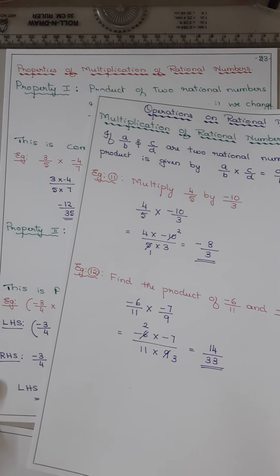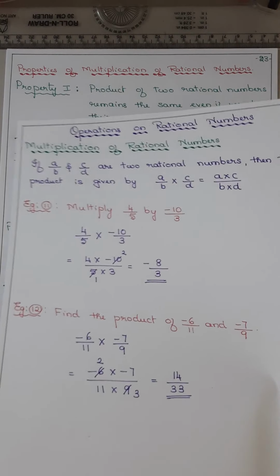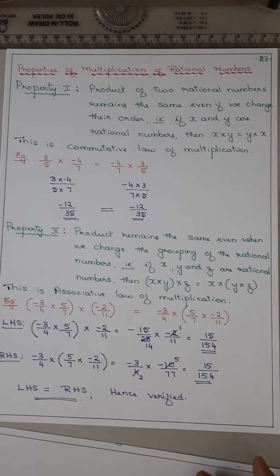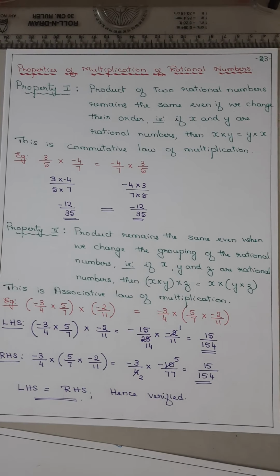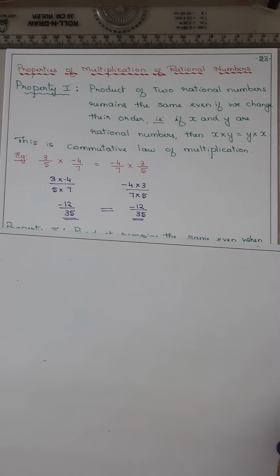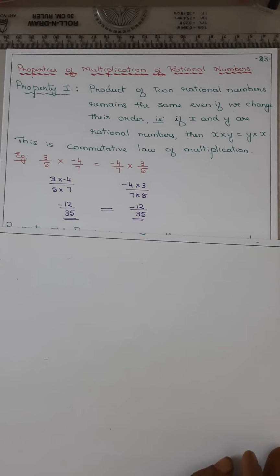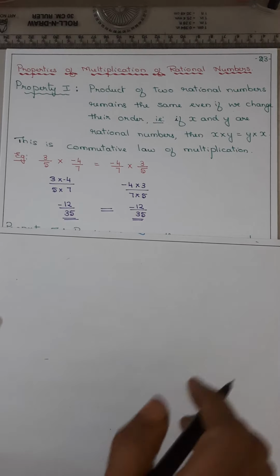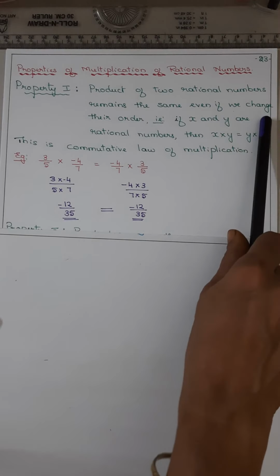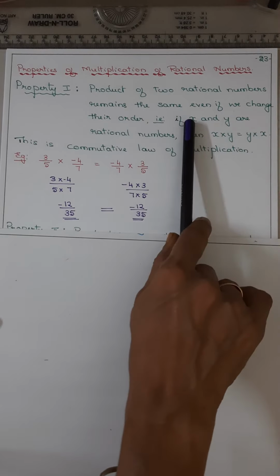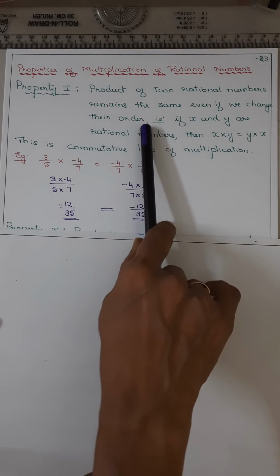Now coming to the properties of multiplication of rational numbers. For each operation, addition and subtraction, we have discussed the properties. So property 1: the product of two rational numbers remains the same even if we change their order.